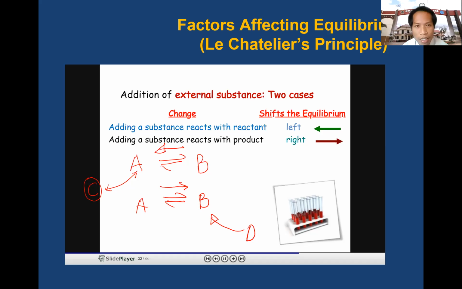So if you add C, C will disturb the equilibrium between A and B. How is it disturbed? Because C is reacting with A, then the amount of A will be decreasing. If the amount of A decreases, then according to Le Chatelier, it must form a new equilibrium, shifting from B to A. Okay?